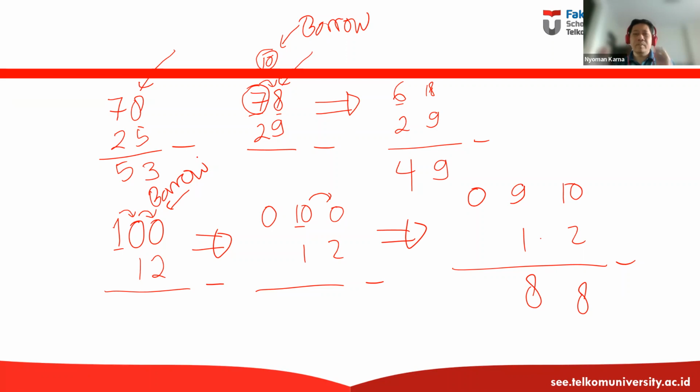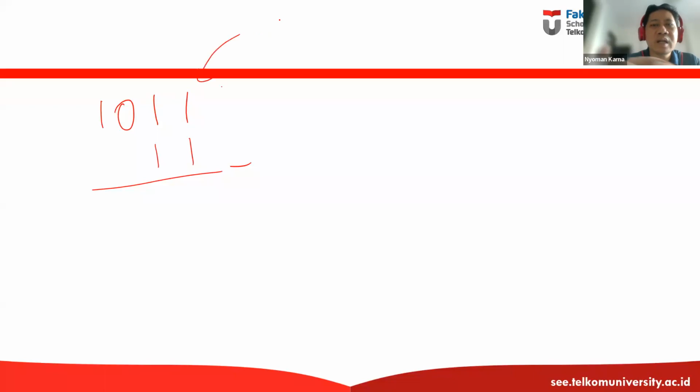Okay, now what happens if we do the subtraction in binary? It's actually the same thing. Have 1, 0, 1, 1. Now I'm going to subtract this with 1 and 1. So we're going to start with the least significant symbol, and we call it LSB, least significant bit.